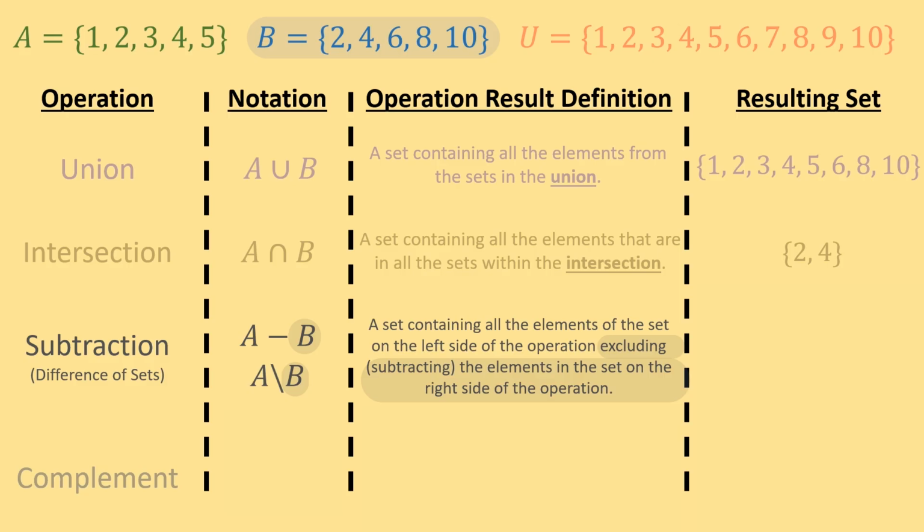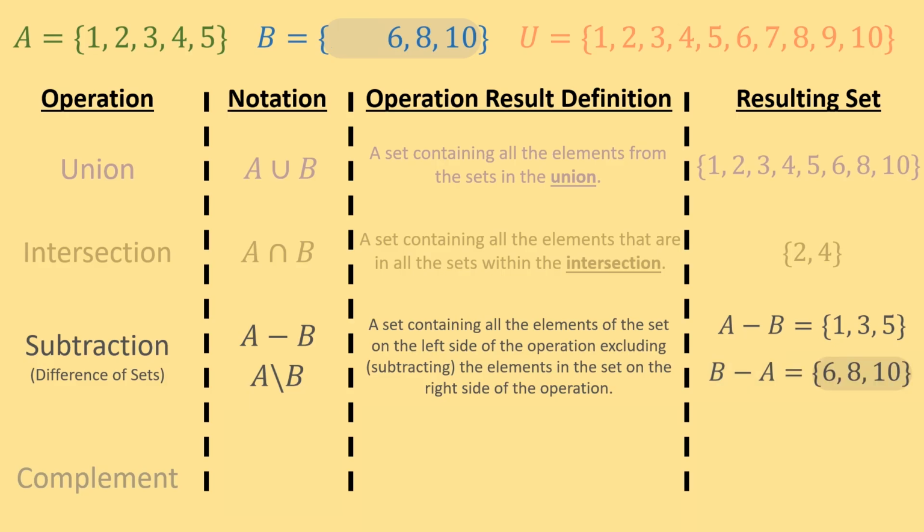So the difference of set A and set B are all the elements of set A, excluding the elements from set B. The only elements of A that are in B are 2 and 4, which we found in the intersection. So the difference of set A and set B are all the elements of set A, dropping the elements 2 and 4. Similarly, the difference of set B and set A is all the elements of B, just dropping 2 and 4, since those were the elements in our intersection.